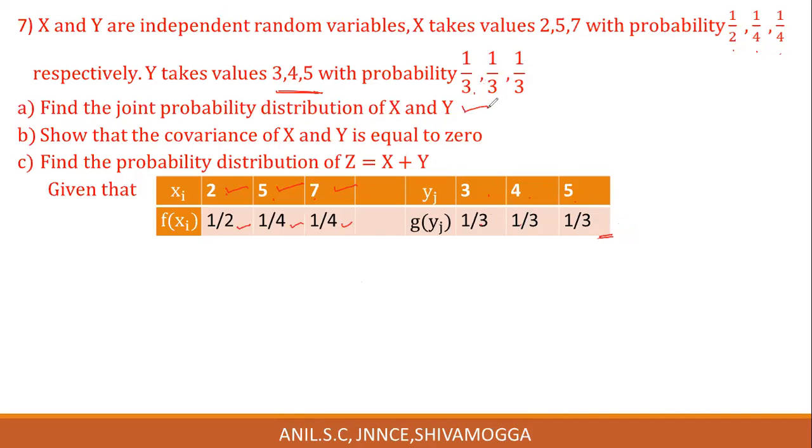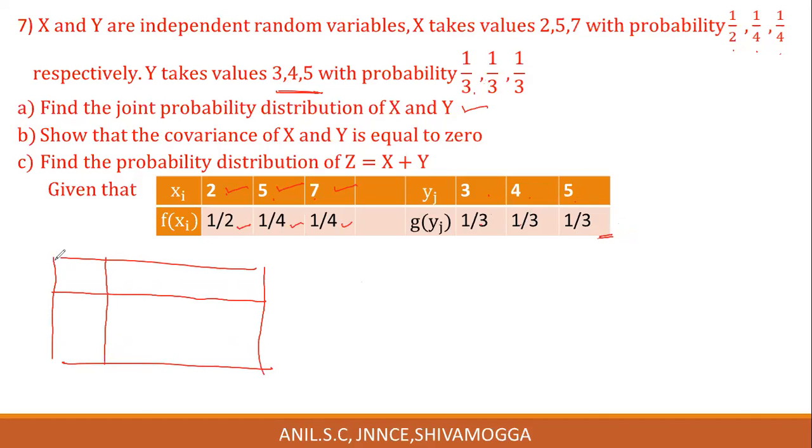Now we shall establish the joint probability distribution of X and Y. Let's construct the relevant table for this. This is for X and this is for Y. Here X takes three values, 2, 5, 7, and Y takes three values, 3, 4, and 5.